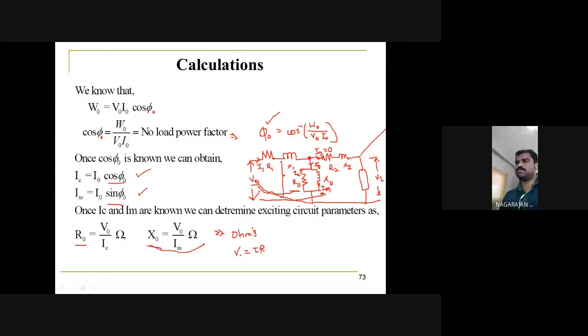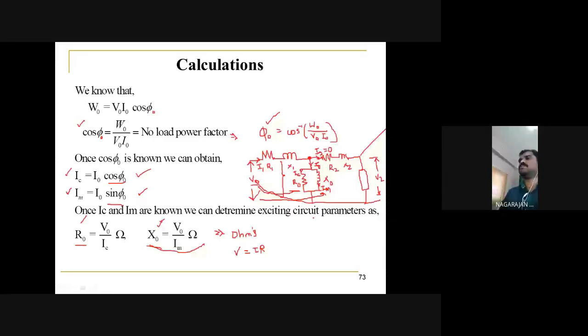Okay, similarly here. So from this open circuit test, these are the parameters that we measured. We measured the IC value, IM value, R naught value, and X naught value, as well as the no load power factor. These 5 values we are identifying, so that we have to put in the equivalent circuit diagram.